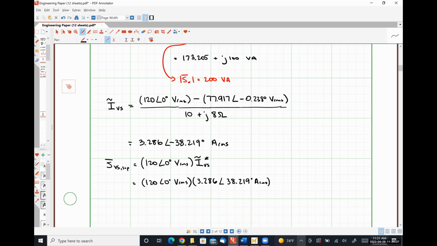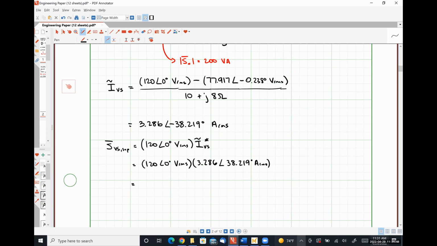If I multiply these two things together, I get 394.356 angle negative 38.219 degrees, excuse me, volt amperes.